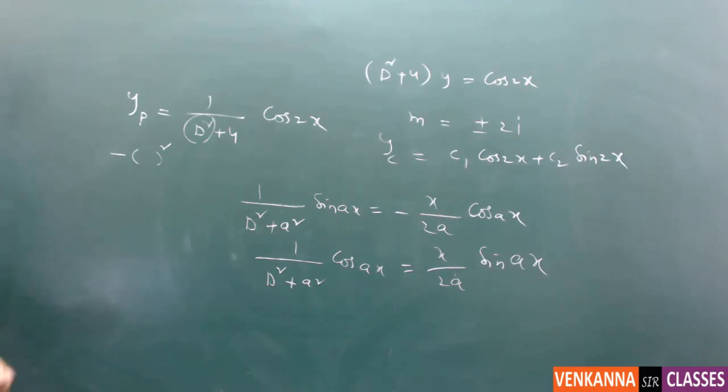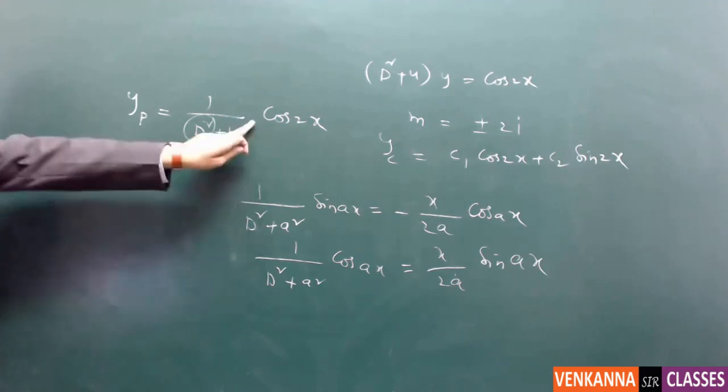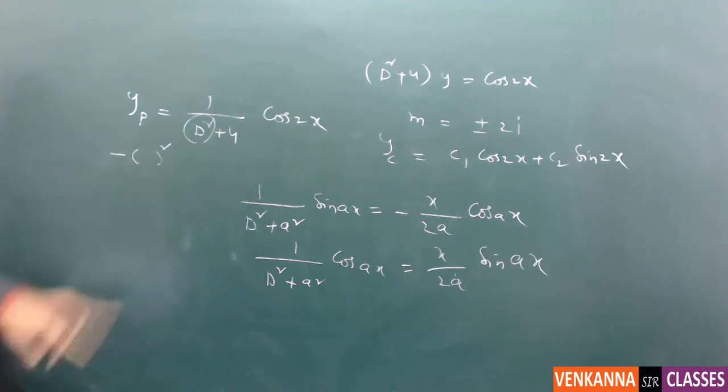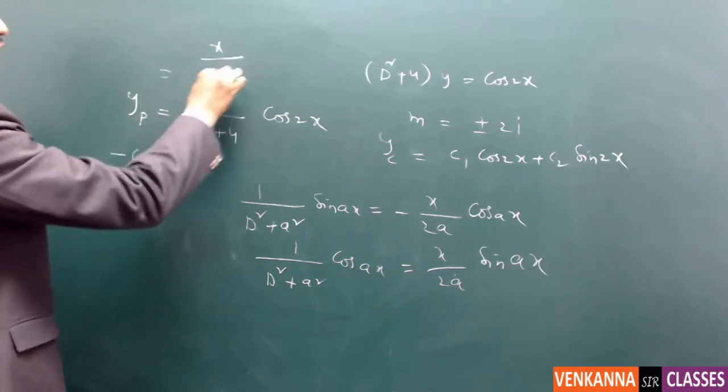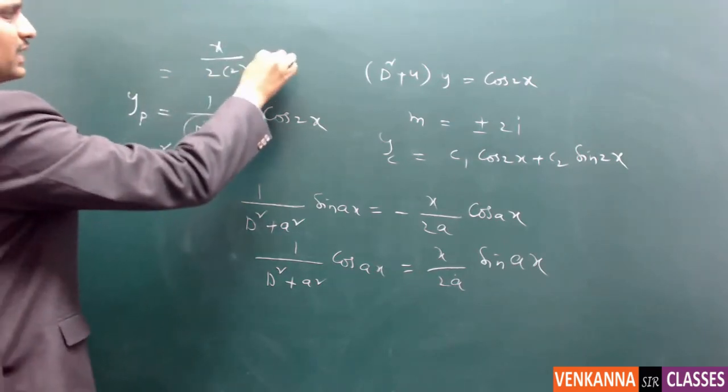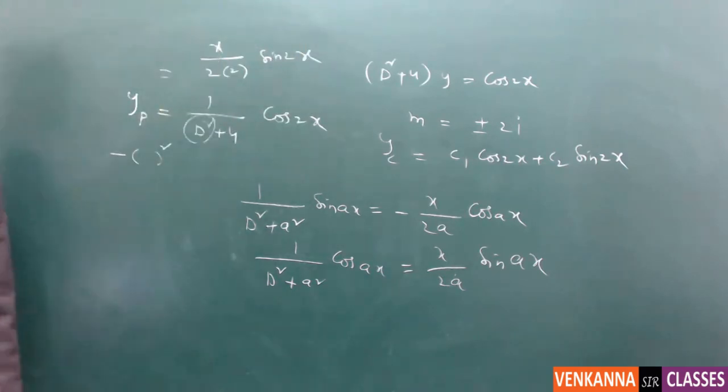So, using the formula here, our solution is x by 2 into 2 sine 2x. So, x by 4 sine 2x is the particular solution value. Then we write the general solution y equal to yc plus yp. Fine.